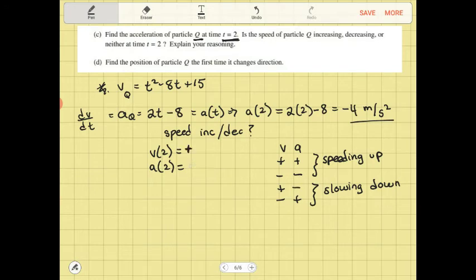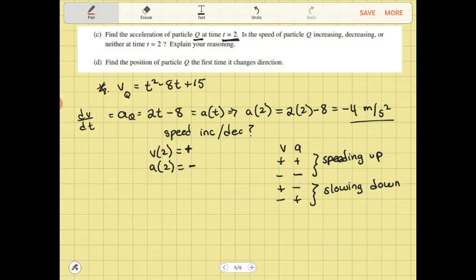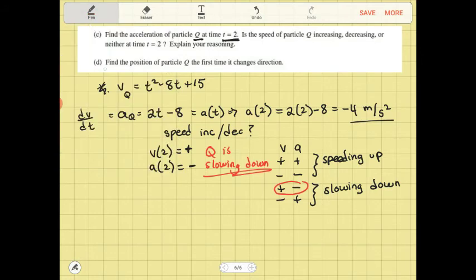Then the acceleration is negative. So because they have opposite signs, the particle is slowing down. Hope that makes sense. And let's see if we can do the last problem here before we end this video.